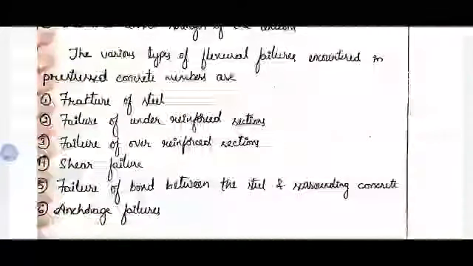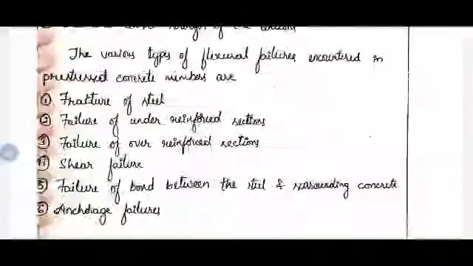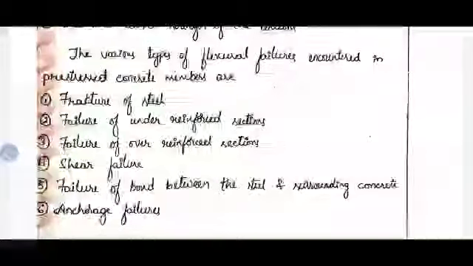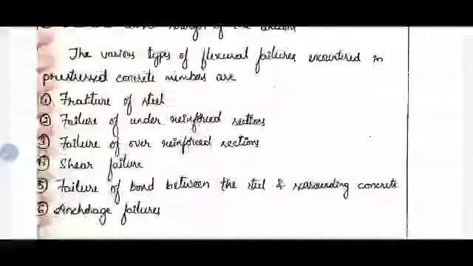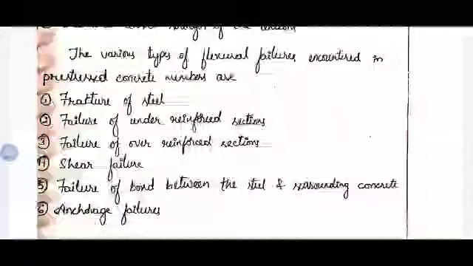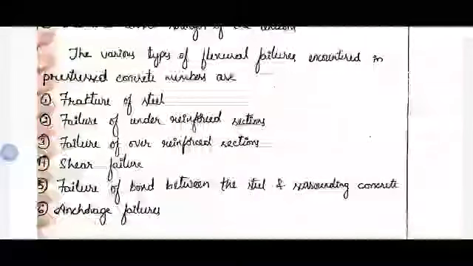One is fracture of steel, then failure of under reinforced section, failure of over reinforced section, shear failure, failure of bond between the steel and surrounding concrete, and the last one is anchorage failure. Let's discuss one by one.